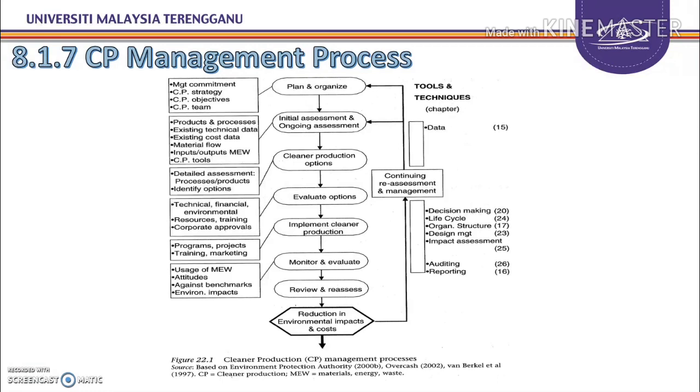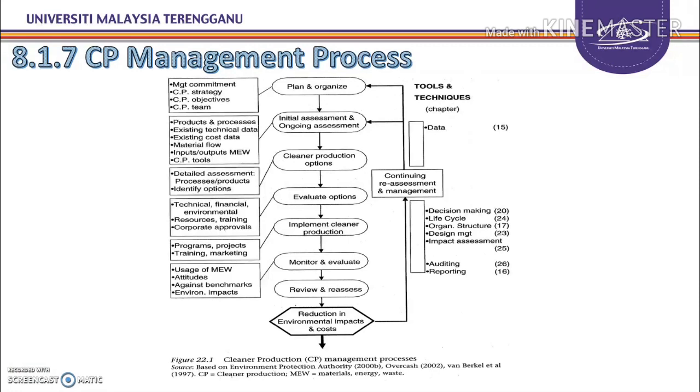This includes getting data on manufacturing process inputs, for example, energy and materials, and then data on the product outputs, and also the data for unwanted outputs, for example, emission to air, land and water. And then next is waste, and direct and indirect costs of producing the emission and waste.